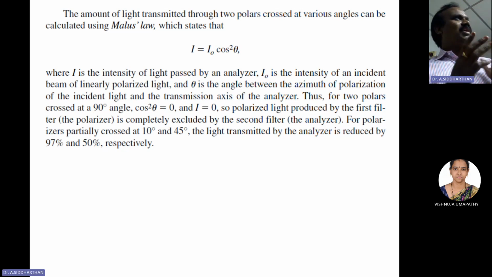Whatever rays go in this direction, when I make it crisscrossed, a 90-degree difference between the analyzer and polarizer, what will happen? That side, nothing is coming out. So if you rotate an analyzer and a polarizer, twice there is an intensity change.